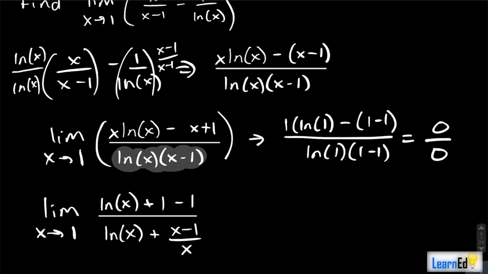Going on from there, since we have 2 terms in the numerator and 1 term in the denominator, we can rewrite this as the limit as x approaches 1 of natural log of x. First off, this is 0.